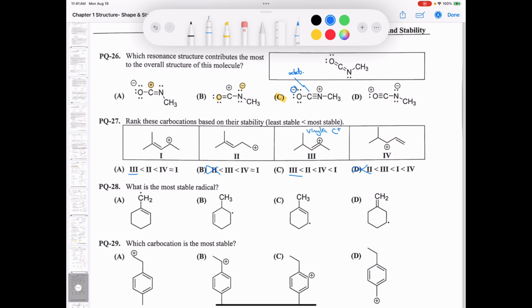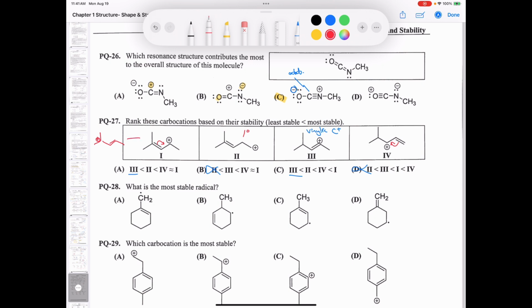Now, if we look at number 1, you can see that number 1 has a resonance form that you could draw like this. Maybe not my best curved arrow, but you would have the double bond here, and then you'd have the positive charge over here. Nothing wrong with that. Number 2 is just a plain old primary carbocation, not participating in resonance. And then in 4, we have a resonance form that we could draw for this one as well.